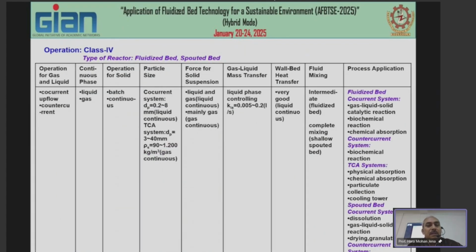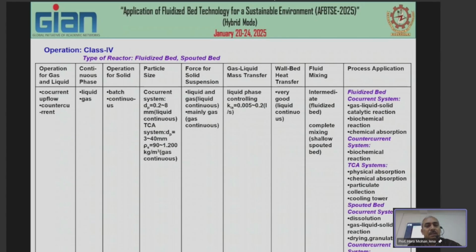Then operation class 4, the type of reactor is fluidized bed, spouted bed. Operation for gas and liquid: co-current upflow, counter current. The continuous phase is liquid or gas. Okay, either liquid is continuous or gas is continuous.